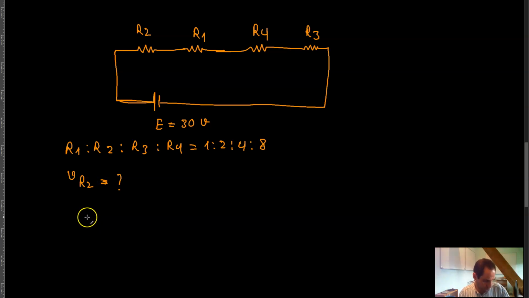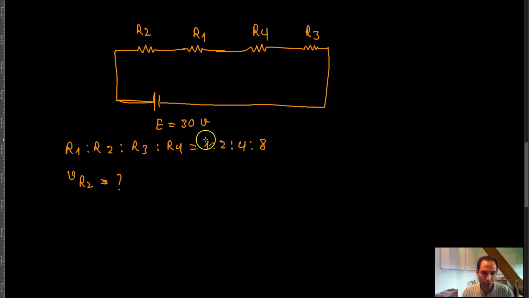So in order to calculate this voltage, you do not know the value of R1 or R2 or R3 or R4. But you can use this ratio essentially in order to calculate some typical resistance for the circuit.